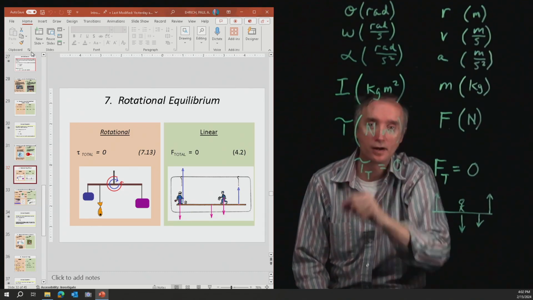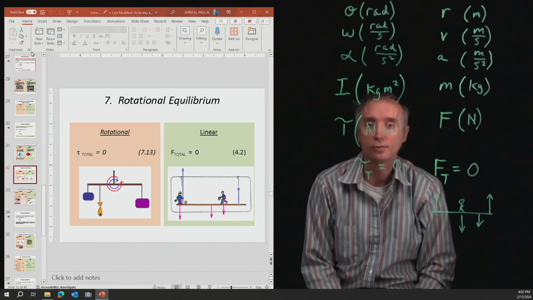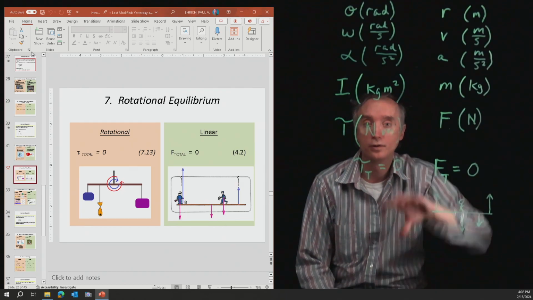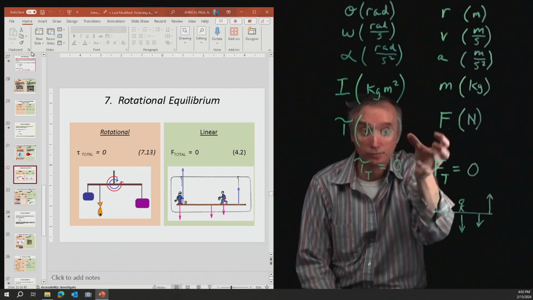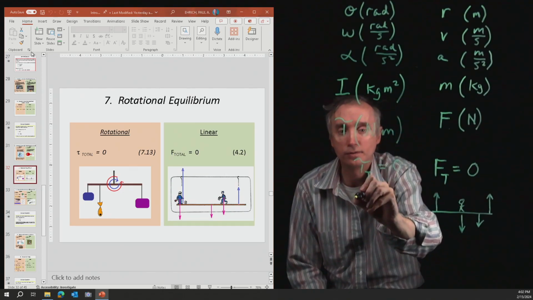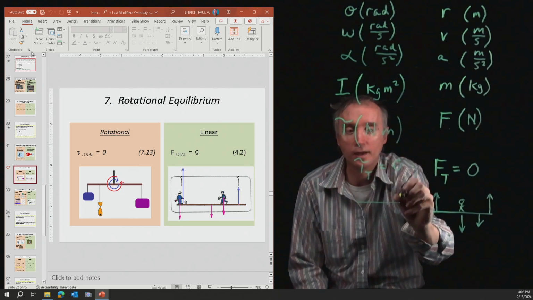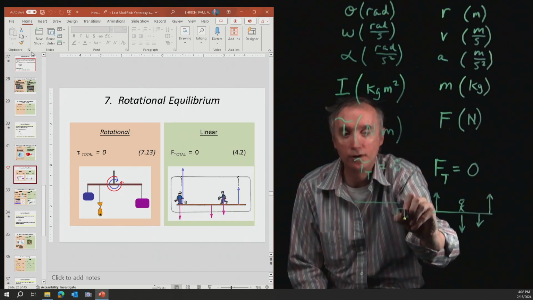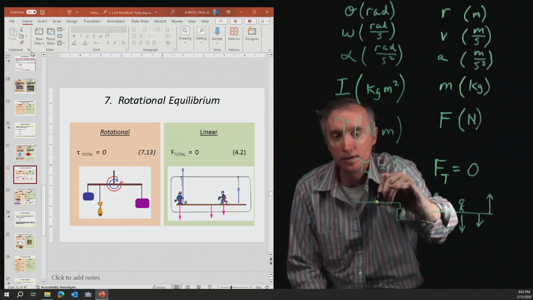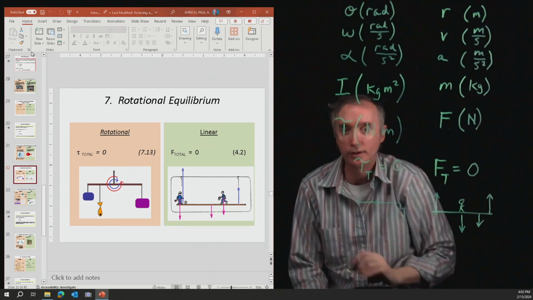So in the picture on the right, we're going to do the same thing for a mobile that is rotating. In this case, you're going to have a weight over here on this side. Let's say that here's my pivot point.